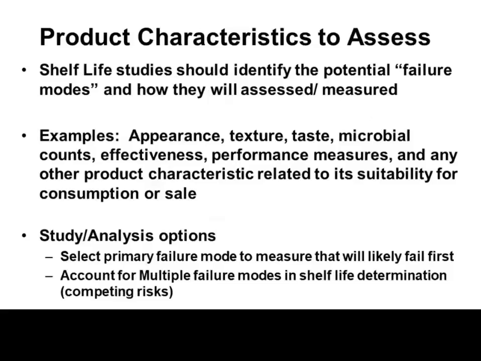And then, like I said, we have to think about, do we want to model failure modes independently and then combine results into an overall shelf life? What I tend to see is that if people have different attributes that they're monitoring, they'll calculate the shelf life independently for the different attributes or characteristics, and then just go with the minimum value, the worst case.